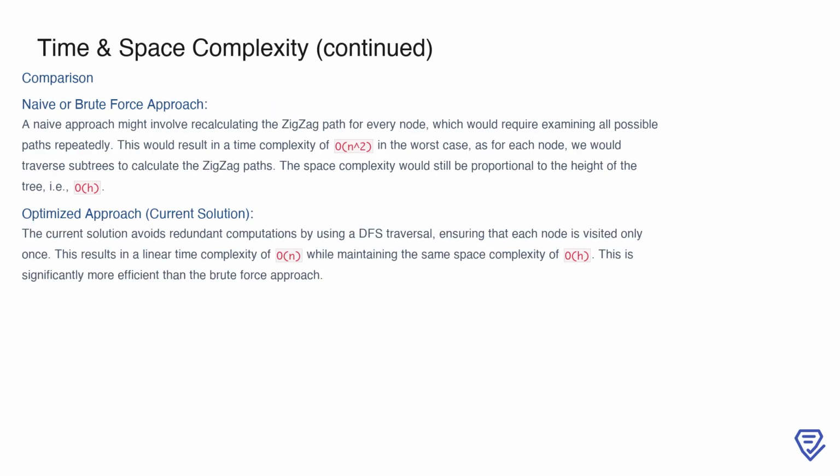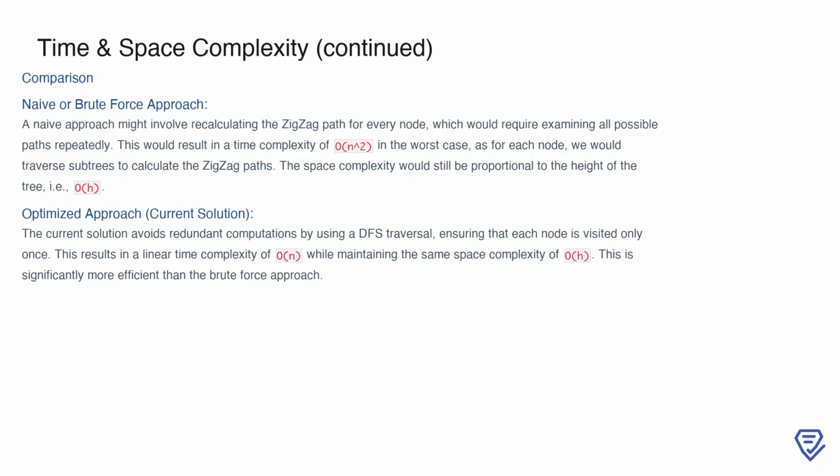To further highlight the efficiency of our solution, let's compare it to a naive approach. A brute force method might involve recalculating the zigzag path for every node, which would require re-examining all possible paths in the tree multiple times. This approach would result in a time complexity of O(n²) in the worst case, as it redundantly traverses subtrees.